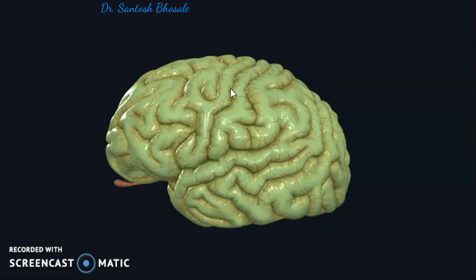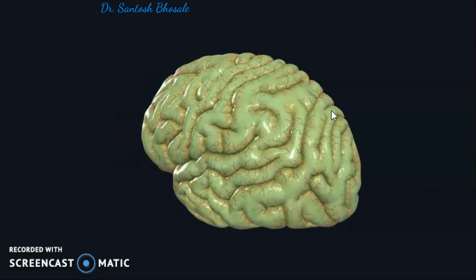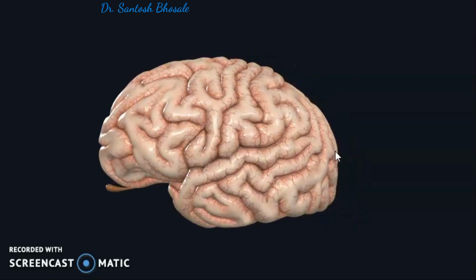So these 4 points will help us to demarcate the different lobes on the superolateral surface: central sulcus, lateral sulcus, parieto-occipital sulcus and pre-occipital notch. So remember these areas. Whatever lies in front of the central sulcus and above the lateral is the frontal lobe.